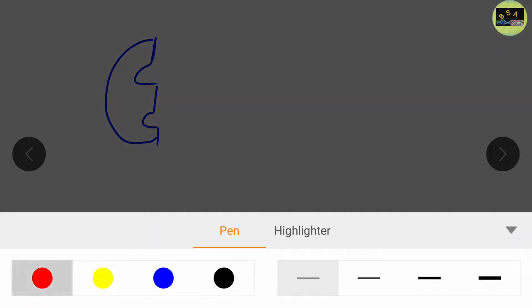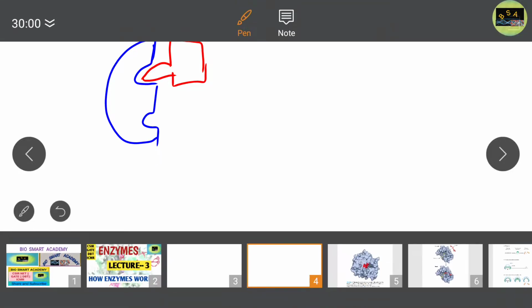If I draw with a different color, the substrate binds exactly complementary to the enzyme. So this is the lock and key model. This model explains the complementarity between the shape of the substrate and the geometry of the binding site of the enzyme, or the active site of an enzyme.